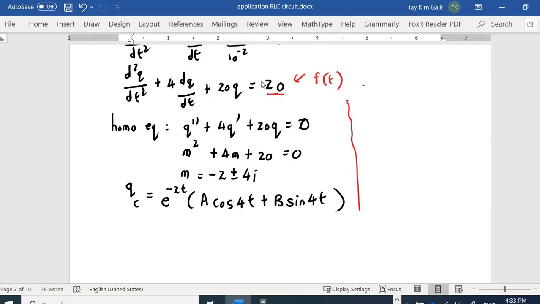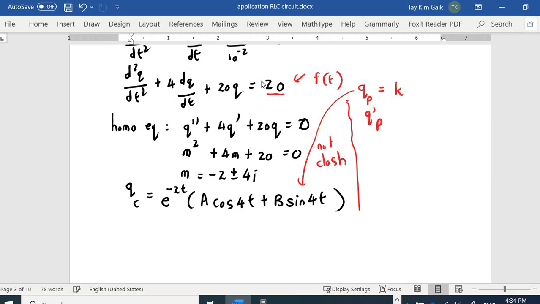So I'm going to choose a q_p of the same form as your f(t), which is a constant, K. You check K here for a clash. Constant, this is a product of exponential with cos and sin. So totally no clash.